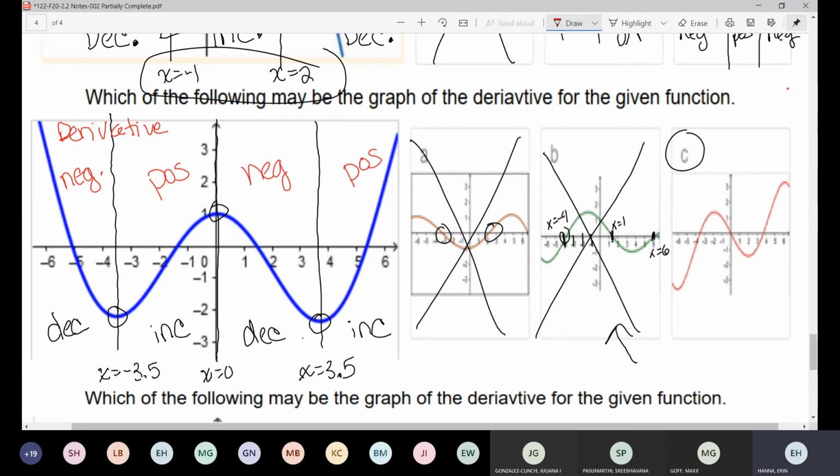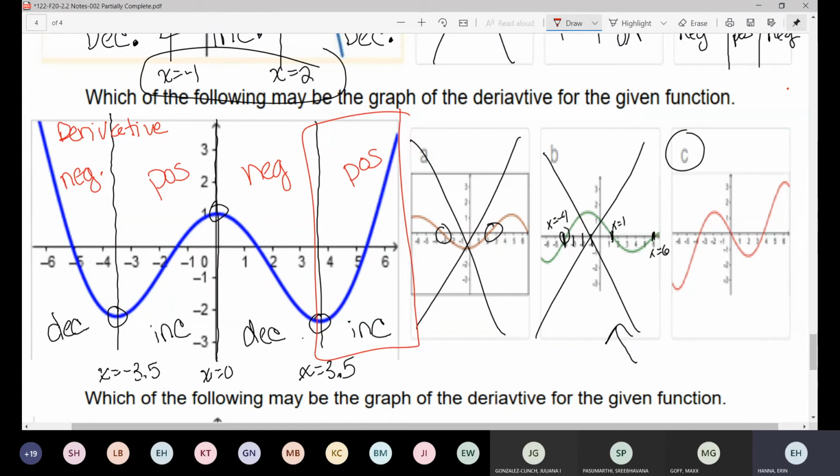Sorry, I said it backwards at first. So below the x-axis, above the x-axis, below the x-axis, above the x-axis. B kind of follows that. It's below, above, below. But it never quite gets above for as much as we need it to be above. We need it to be above for that last section of the graph. It's got only a teeny tiny bit, which isn't enough. So we know that that would also not be it.